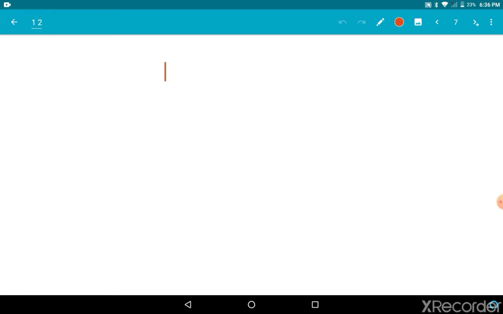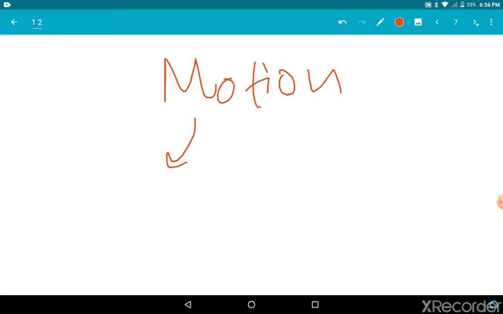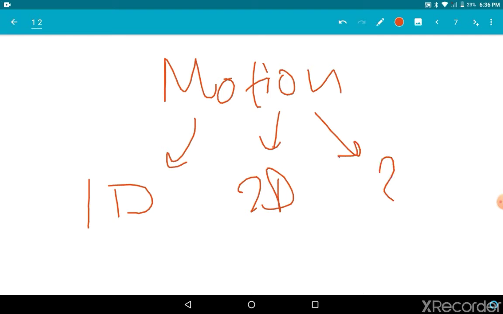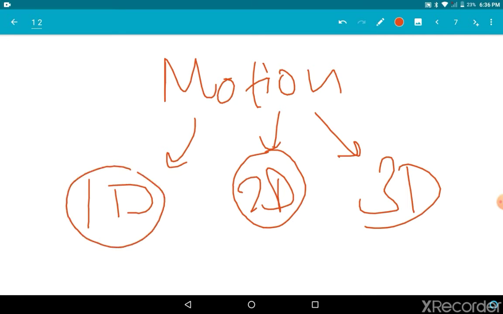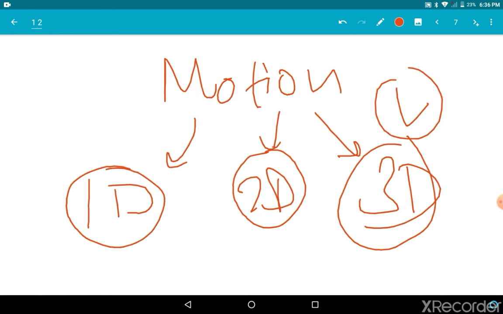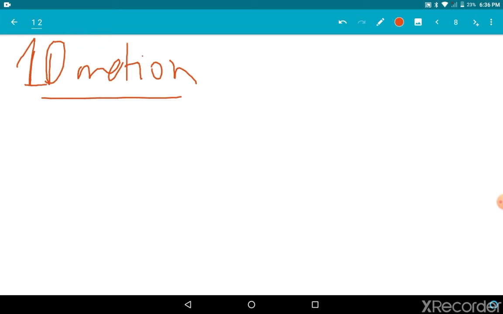Now, I told you earlier that motion can be divided into 1D, 2D, 3D. We will discuss 2D and 1D in great detail, 3D not so much. So let's start today with the 1D motion.